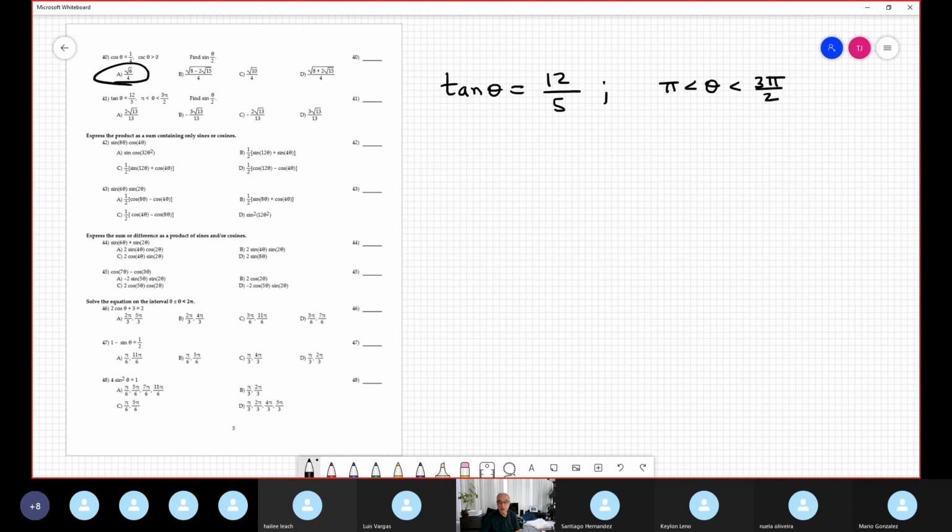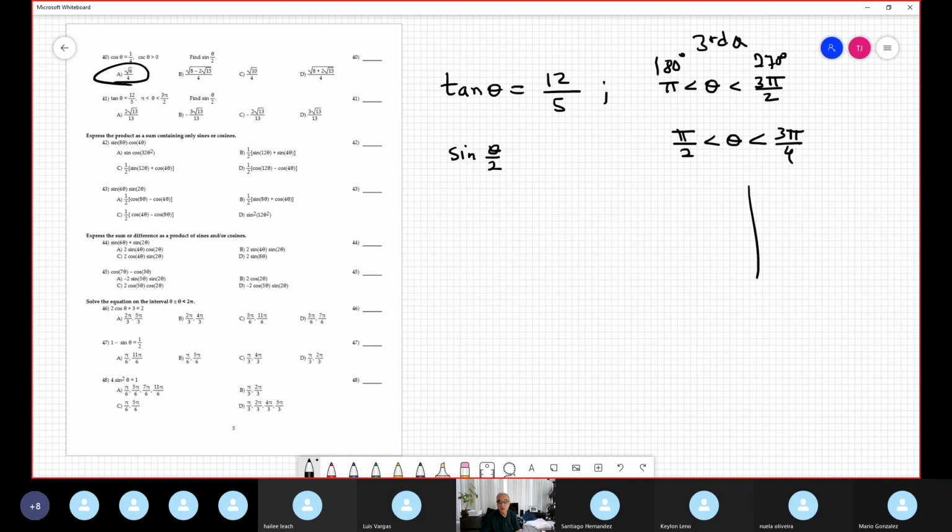In other words, it's in between 180 degrees and 270 degrees, que es the third quadrant. This is the information for the original theta. However, I need to find sine of the half angle. To find the location for the half angle, you divide by 2. This is pi over 2, theta over 2, and this is 3 pi over 4.